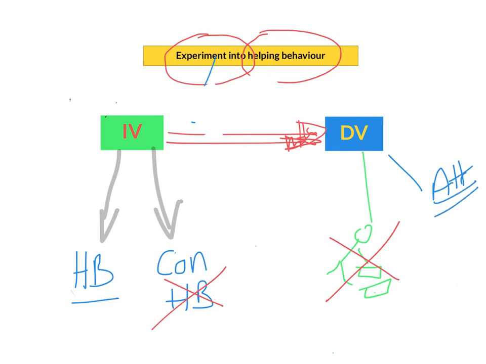Could it influence people's attitudes towards something? So what we could do is show a stimulus of helping behaviour, whether that's a story or a film or whether you act something out, and then you could do a questionnaire looking at their attitude towards helping. So does actually viewing helping behaviour have an effect on our attitudes towards helping behaviour?